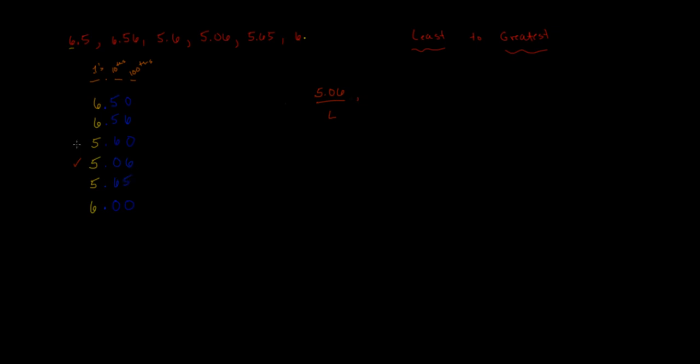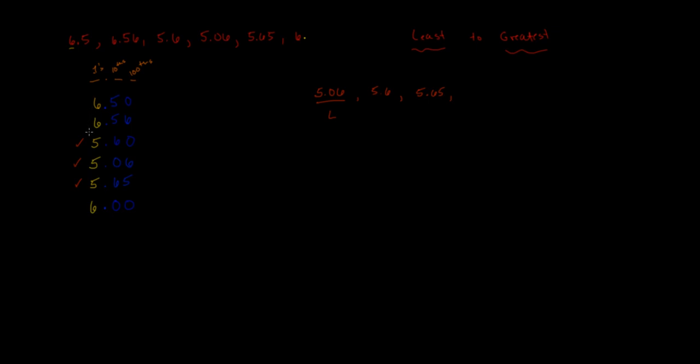So this one is then the next smallest, 5 and 60 hundredths or 5 and 6 tenths. And then obviously the last 5 we have is this 5.65 or 5 and 65 hundredths. So then that would be our next number. Okay, so that's how we're going to do this.